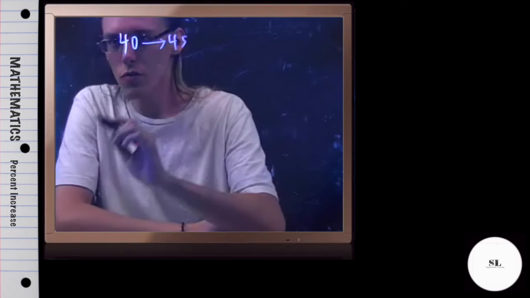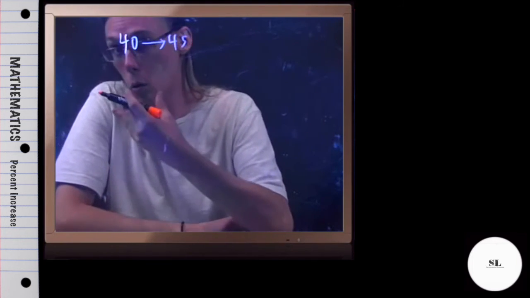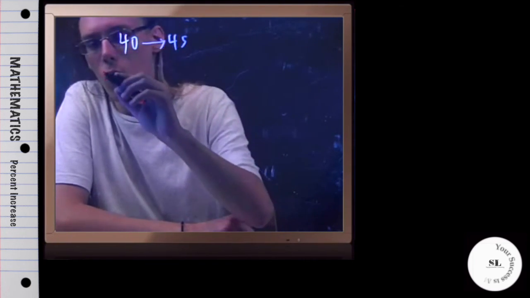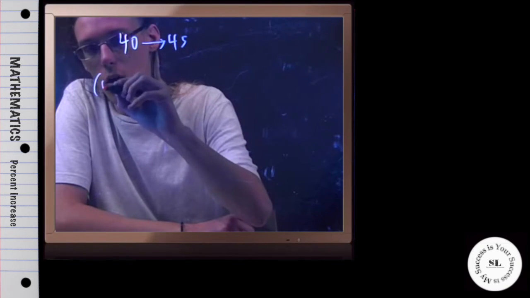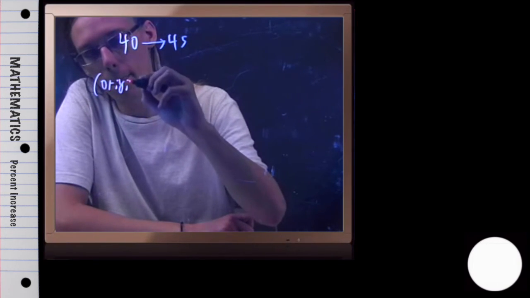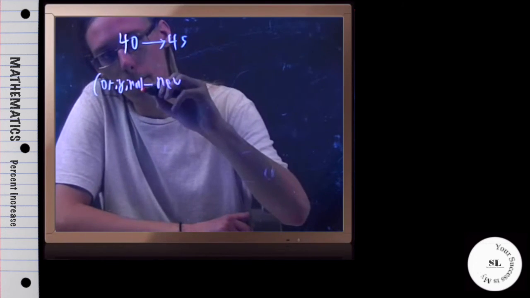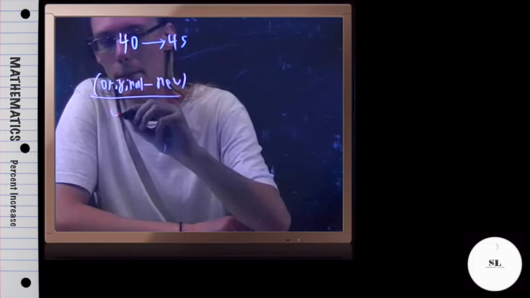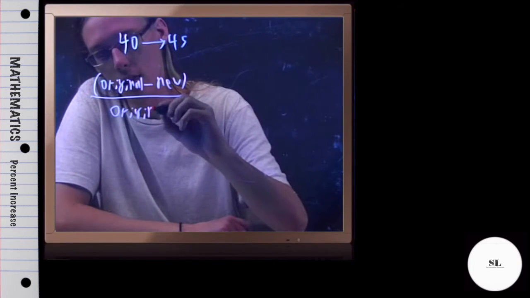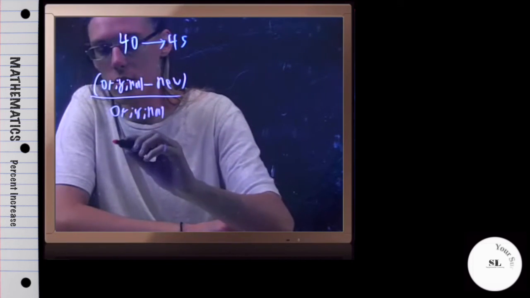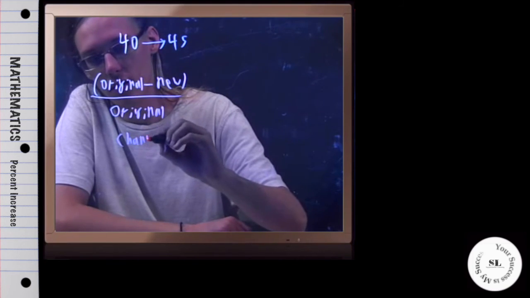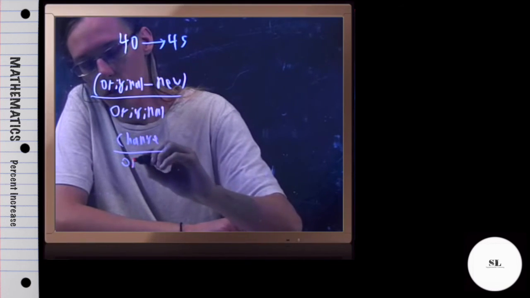Okay, so to figure out the percentage of increase or the percentage of decrease, what you do is you take the original minus the new and divide that by the original. Another way you might see this written is the change over the original.